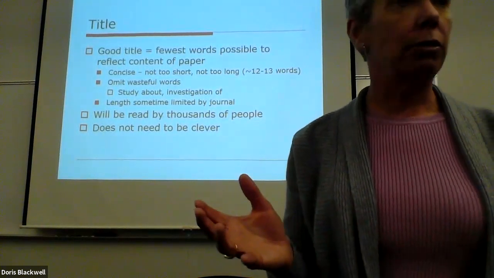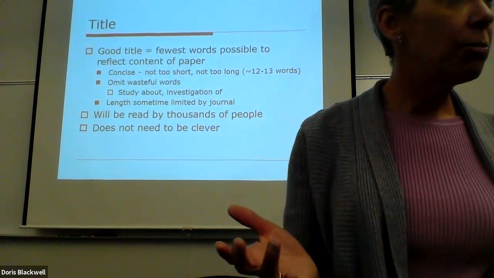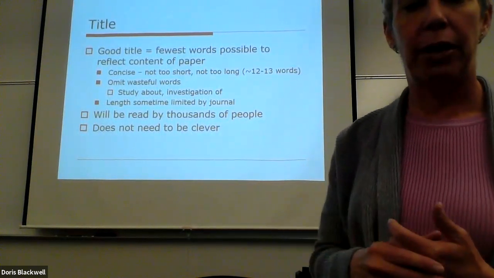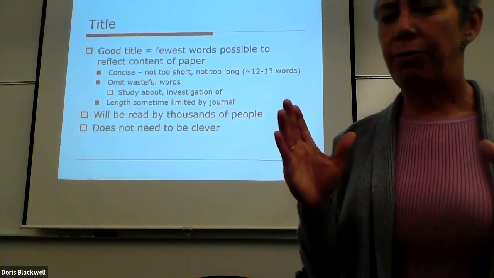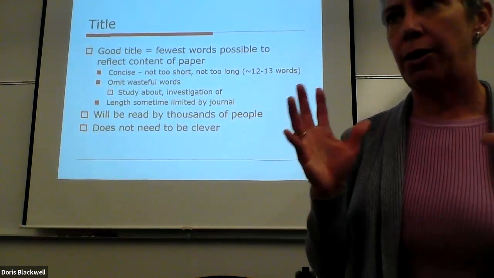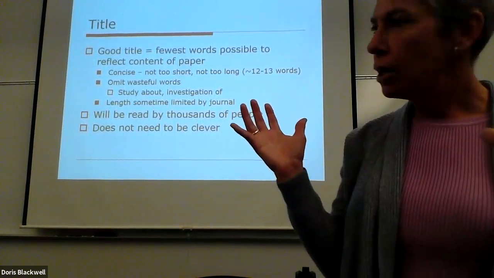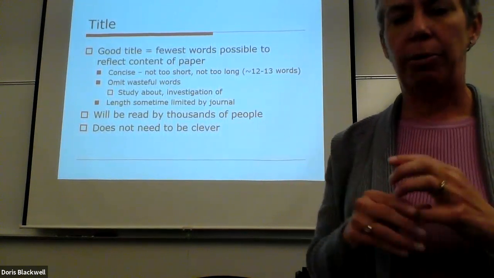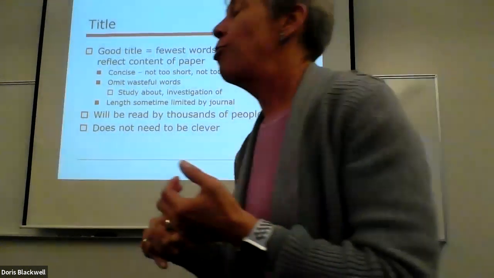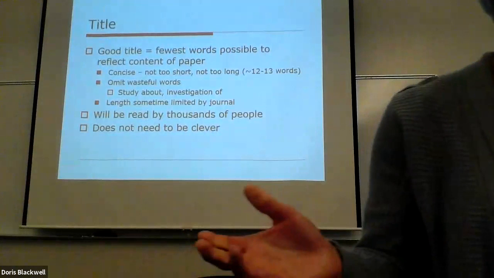Sometimes journals will tell you how long your title can be, how many characters or how many words. So of course you want to stick within that, whatever they tell you. But if we're shooting for 12 or 13 words, that puts our mindset that if we write a title that's 28 words, there's probably a lot of things we can cut out to make it more concise. We hope our title will be read by thousands of people, right?